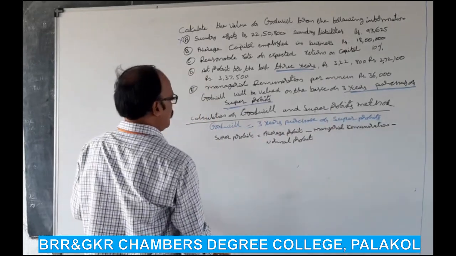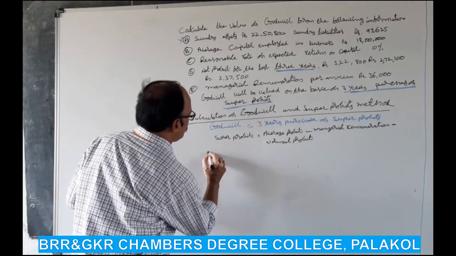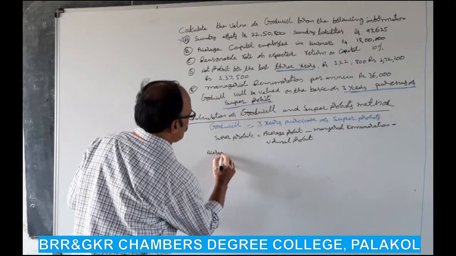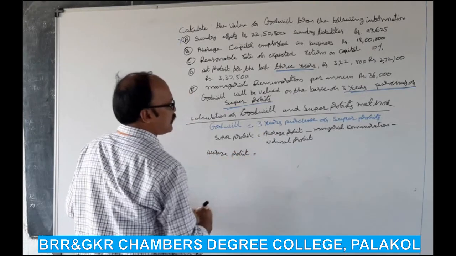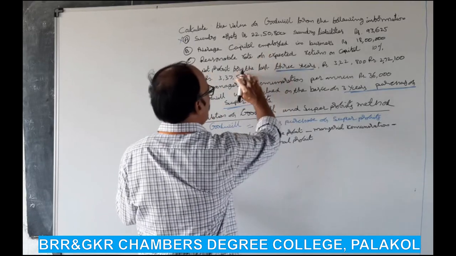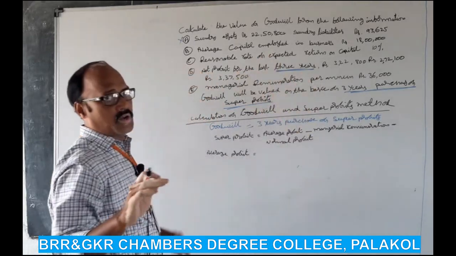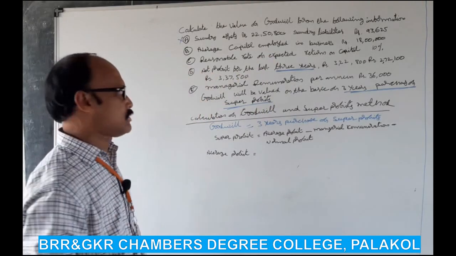Let us go first to average profit. Average profit is equal to the total of 3 years profits by 3 years.